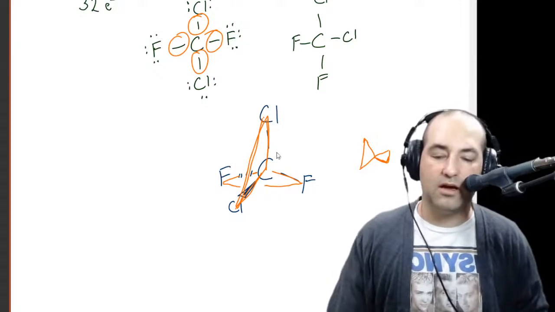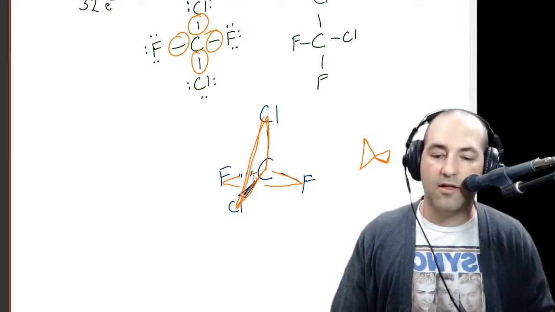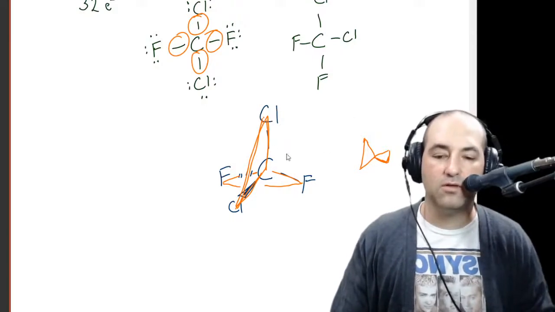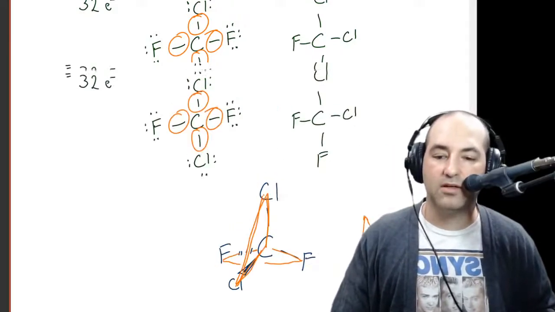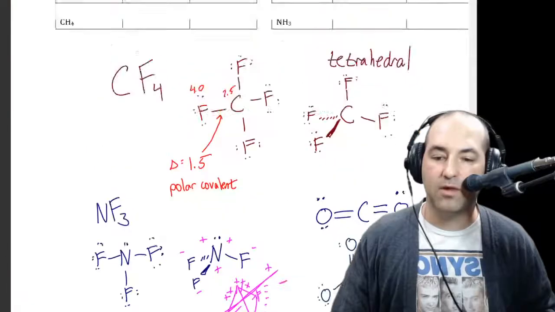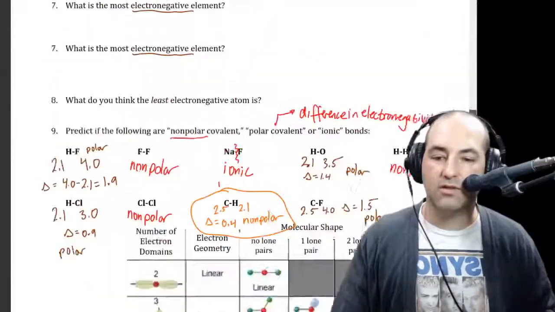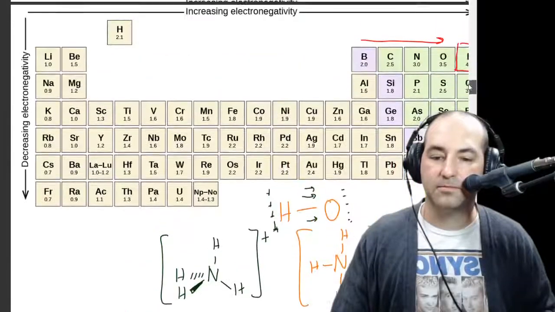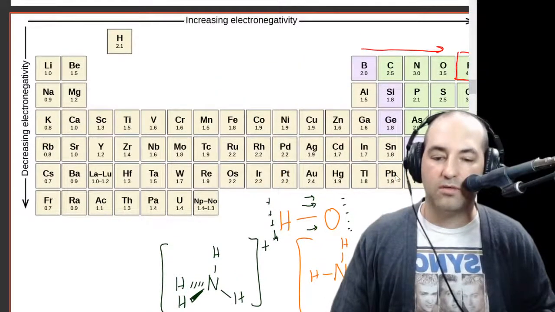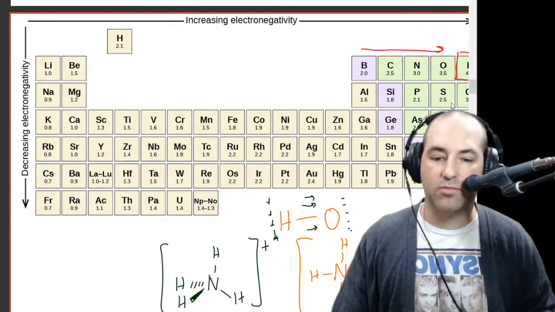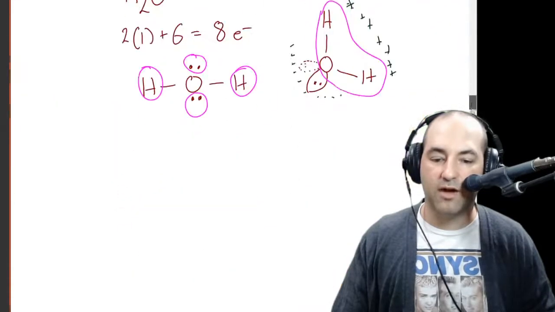And the reason I talk about that is this actually affects the polarity. So when we want to look at the polarity, the first thing we do is look at the individual bonds and decide if they're polar and how polar. So we look back up at our electronegativities here, and we see that carbon, oh, I can't see it here, but I know that it's 3. So the difference between carbon and chlorine is 0.5, and the difference between carbon and fluorine is 1.5.